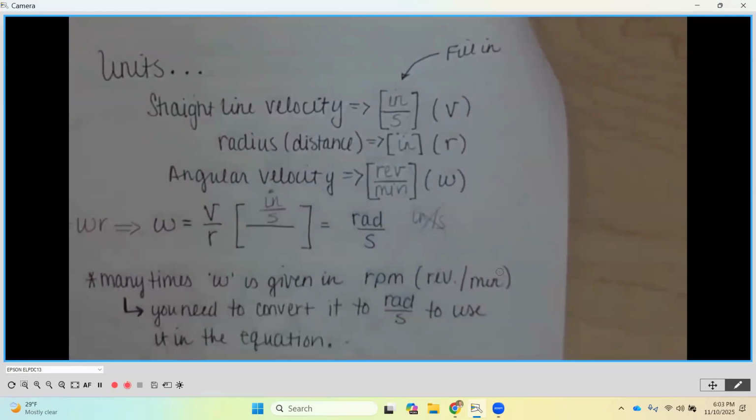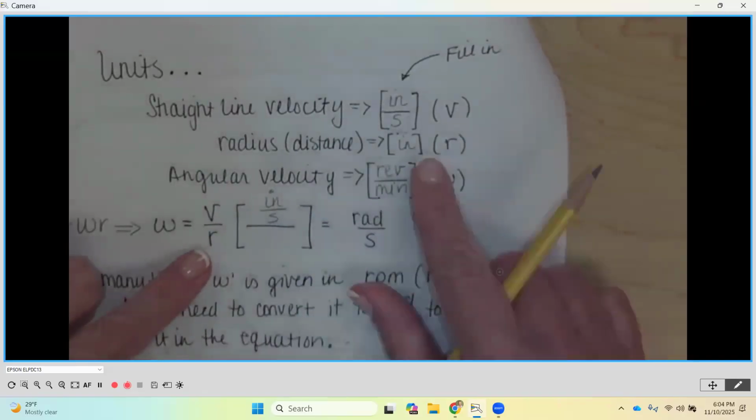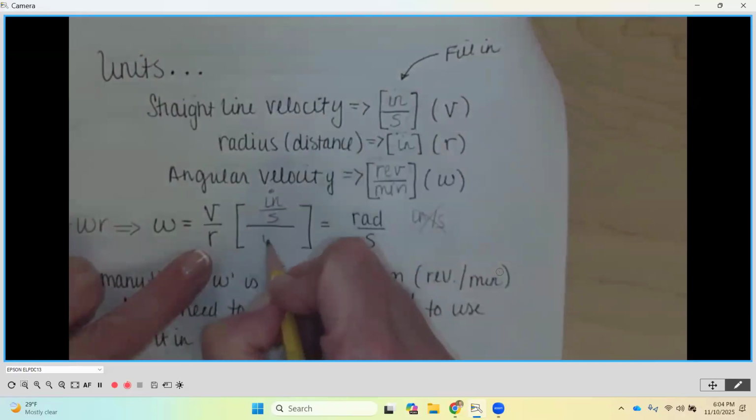So for your homework and when you hand in, make sure that all of your units that are in fraction form are written up and down, numerator over denominator, not with a slash. On the bottom, our radius, if we use the units that we had up here, is in inches.